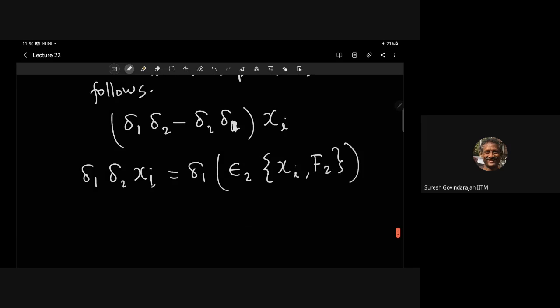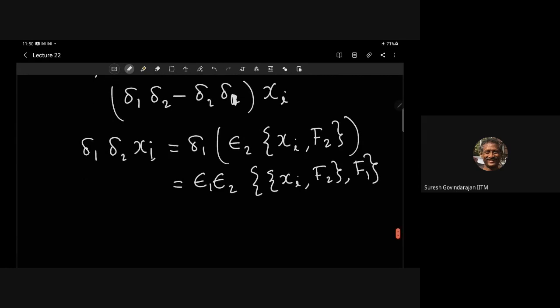Now I have to do delta 1, but epsilon 2 is just a number, so this will be epsilon 1 epsilon 2 times the bracket of the bracket of x_i with f2, with f1. Now we want to do the commutator.